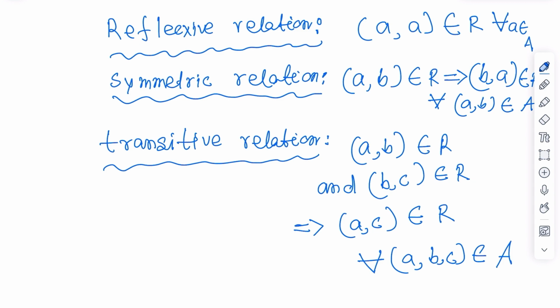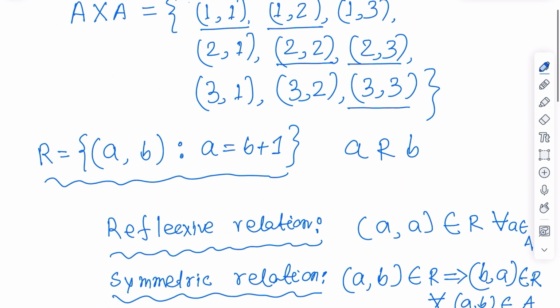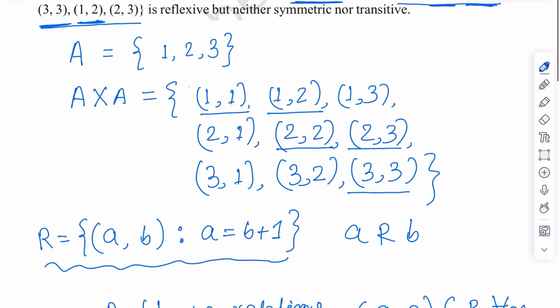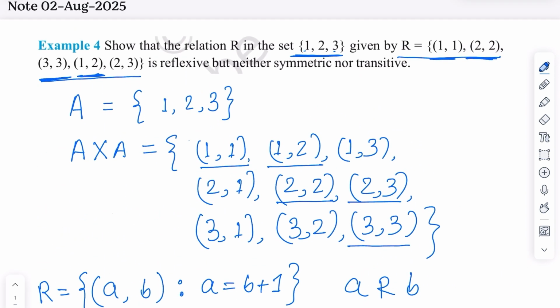So this is the definition of transitive relation. So if (1,2) is present and (2,3) is present, then (1,3) must be present, isn't it? So you see, in the problem, (1,2) is present here, (2,3) is also present here.